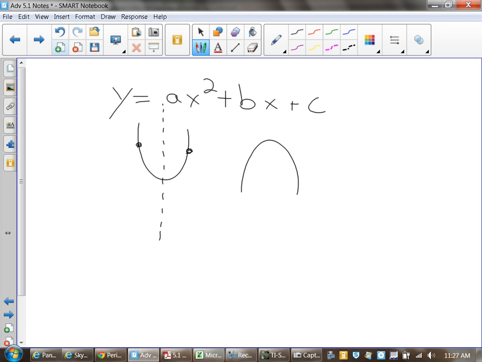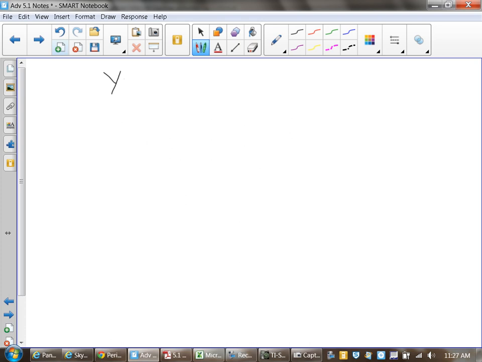So when we're working with a quadratic in standard form, it'll look something like this again. Remember, it's y equals 2x squared minus 4x plus 8. When I take care of these, what I want to do first is identify my axis of symmetry.